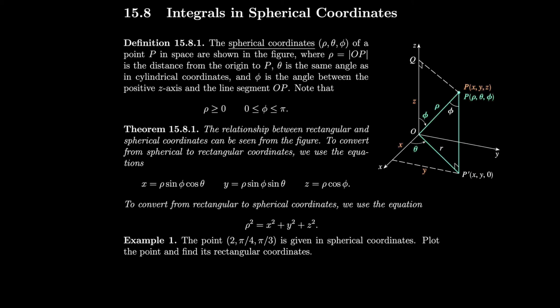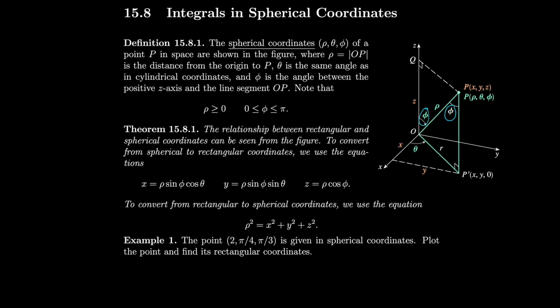To do that, notice that if we go up to the point P that we're trying to trace out, where rho is the distance from O to P, then we have the angle phi between the z-axis and rho.